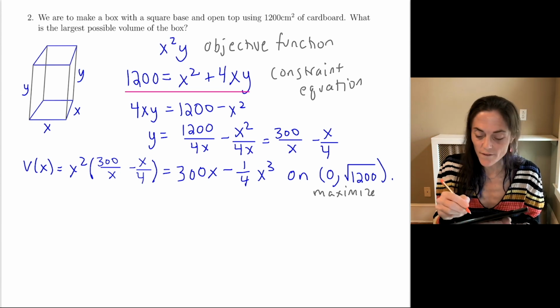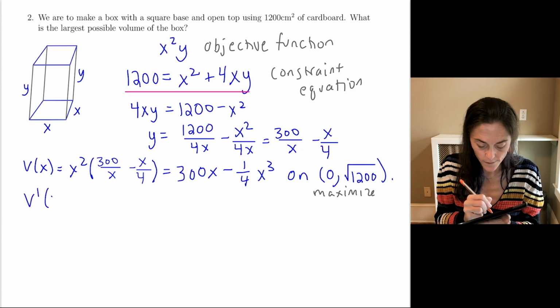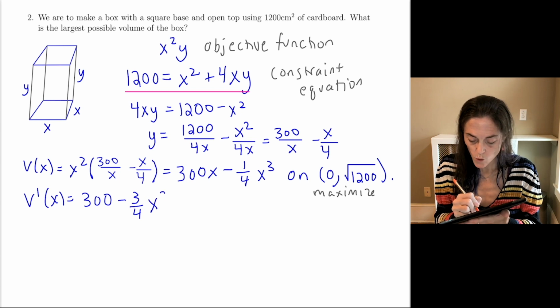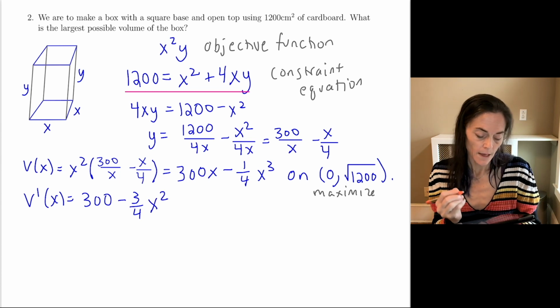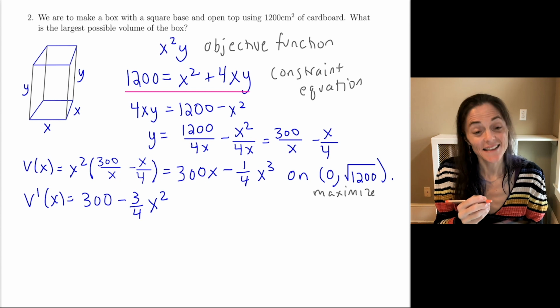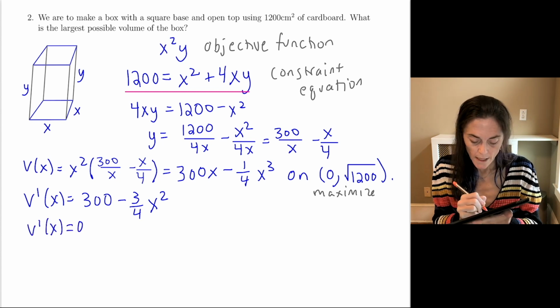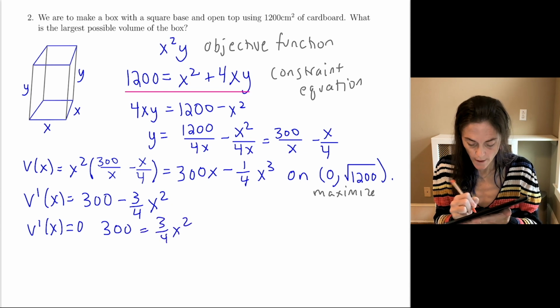Whoa, let's take the derivative. Look for critical points. We have 300 minus 3 divided by 4 x squared. Okay, we can certainly set this equal to 0. We get 300 would be equal to 3 over 4 x squared.